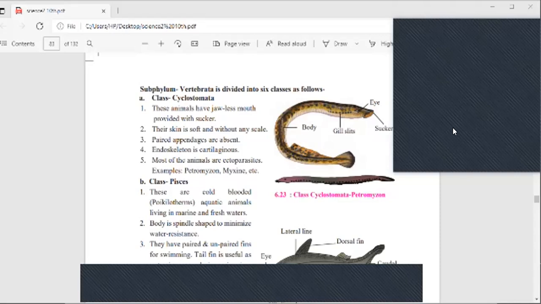Your voice is not reaching me. Hello, why is this class called Cyclostomata? A very simple question I asked you. Shreya Nangurkar, hello Shreya. Range problem is there. Pratiksha Raktate, am I audible? Yes, sir. You can tell why this class is called Cyclostomata.